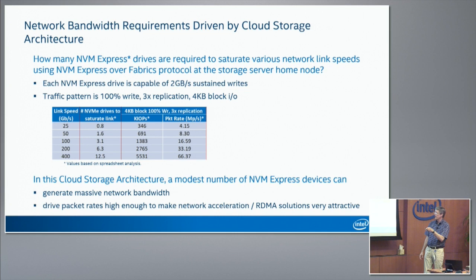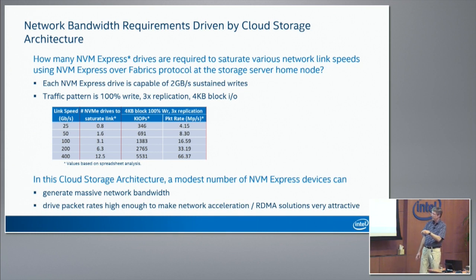And we have 100% write traffic with 3x replication, 4K block I/O. So how many NVMe drives would be required to saturate a link of these different speeds with that traffic pattern? And what would the IOP and the packet rate be for each of those scenarios?